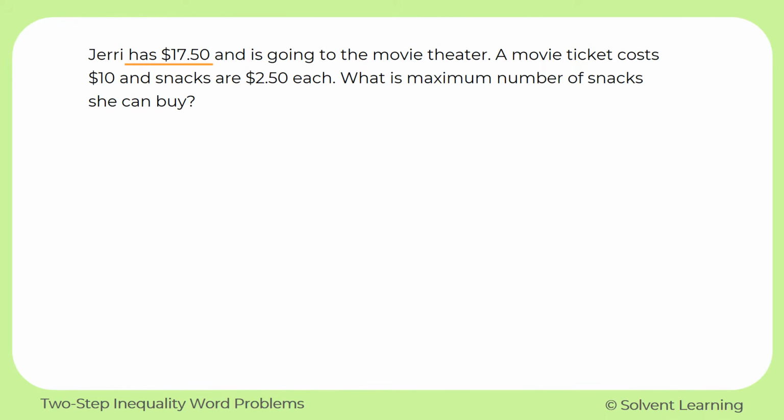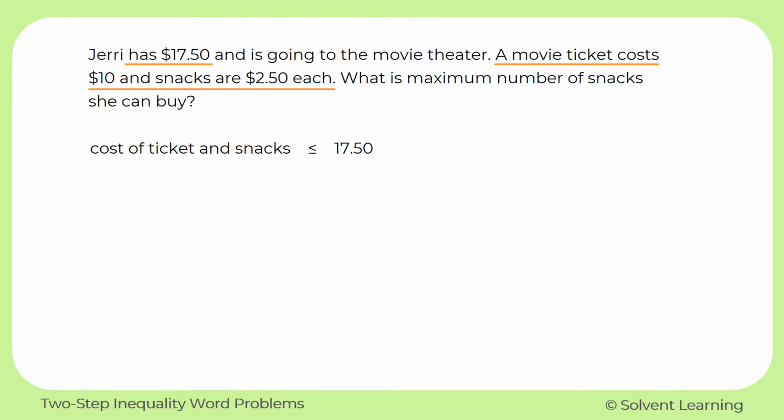So we can set that up as the cost of the ticket and the snacks is less than or equal to $17.50.